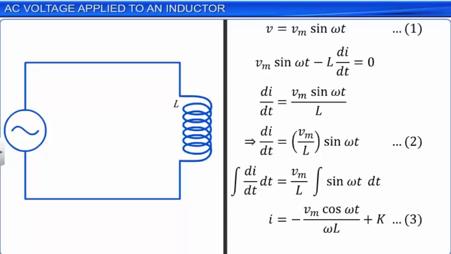Hence, we take the constant of integration as 0. Hence, equation 3 can be written as I equal to minus Vm cos omega t by omega L. Let this be equation 4.